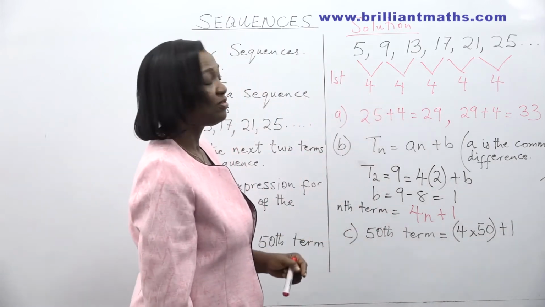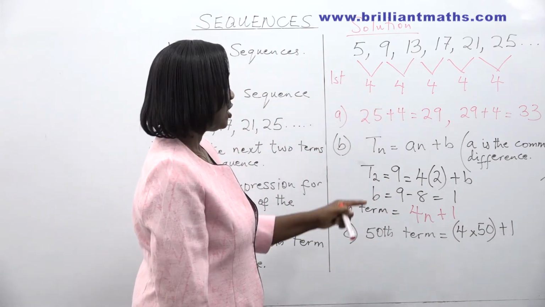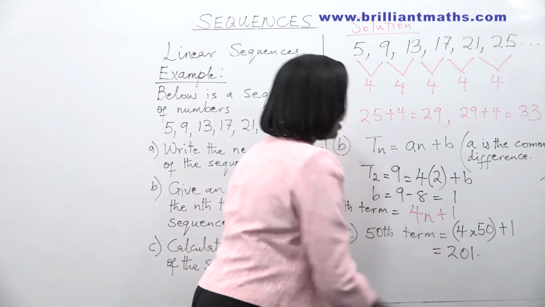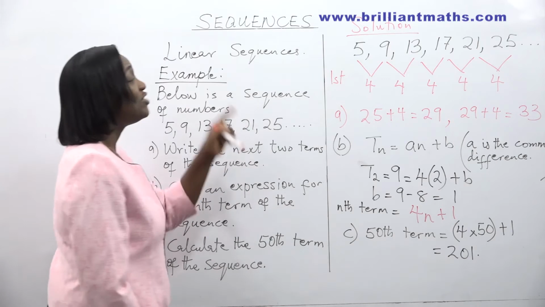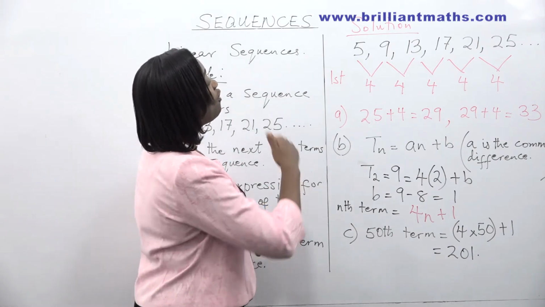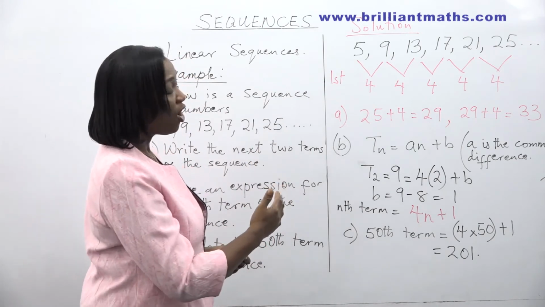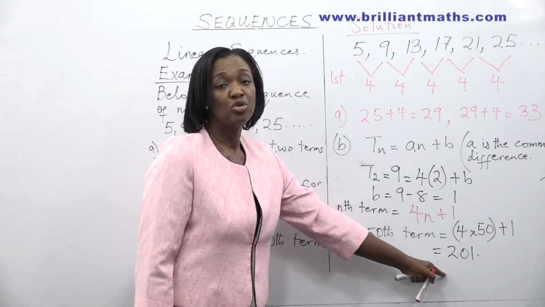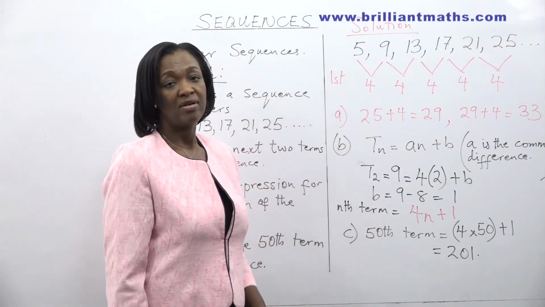And 4 times 50 is 200. 200 plus 1 is equal to 201. So the 50th term of this sequence is 201. Assuming we started adding 4 each time until we get to 50 terms, the 50th term will be 201.